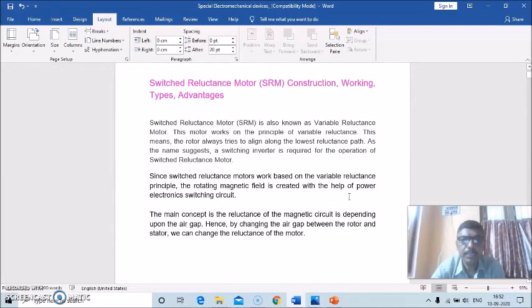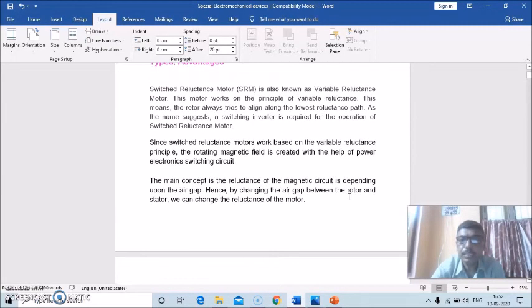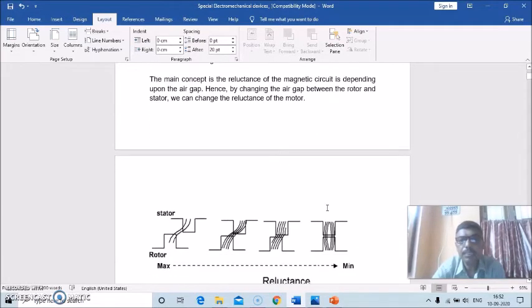Switched reluctance means the motor works based on the variable reluctance principle, and a rotating magnetic field is created with the help of power electronic switching circuits that I have shown you. The main concept is that the reluctance of the magnetic circuit depends upon the air gap.